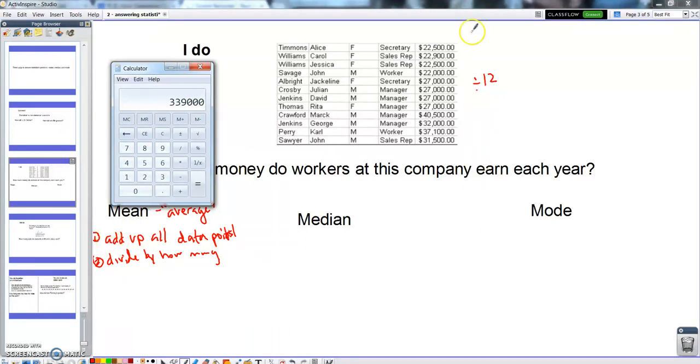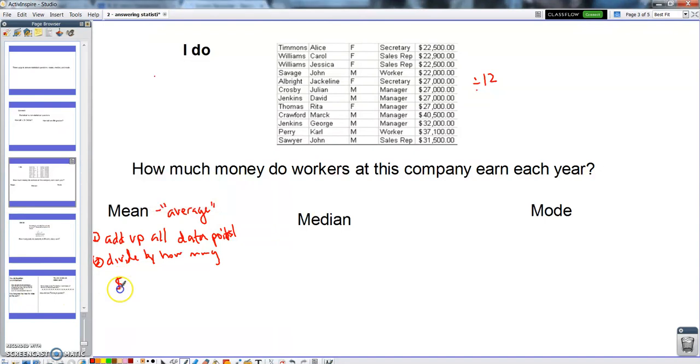So I add up all the data points and then divide by 12 because there are 12 people. And I get $28,250. We would say that is the average salary, or the mean salary. I know it sounds funny to say mean.